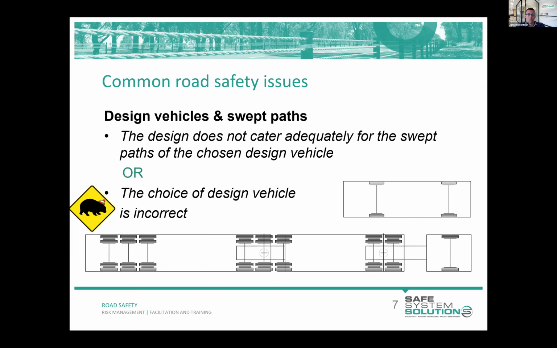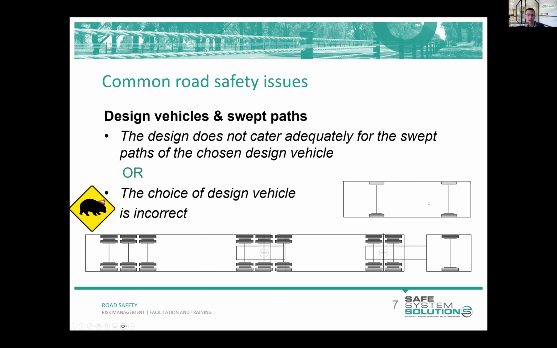Any changes in land use that might attract some larger vehicles can be an important consideration. So some typical design vehicles, you can see a couple pictured there. This one I think you'll find is a service vehicle.